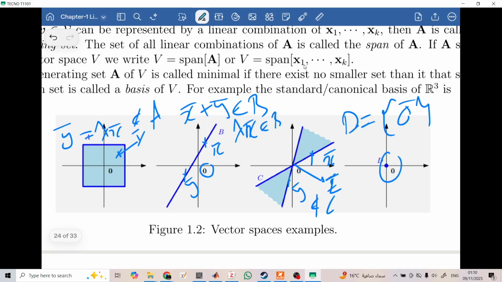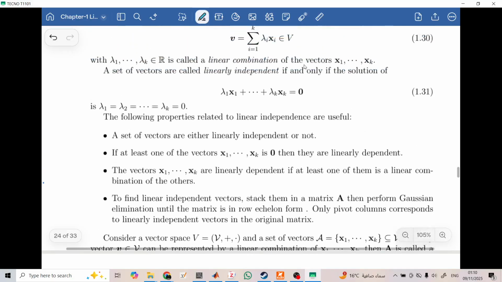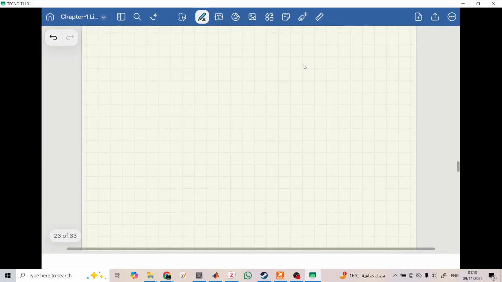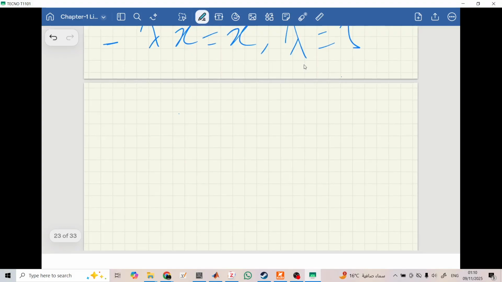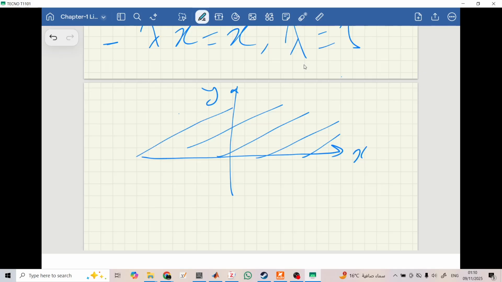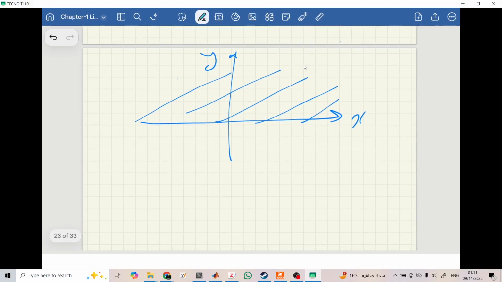Okay, let's take a more involved example. Let's take the half space. So this is x and y. Let's call it subset A. And what is A? Let's define A here.